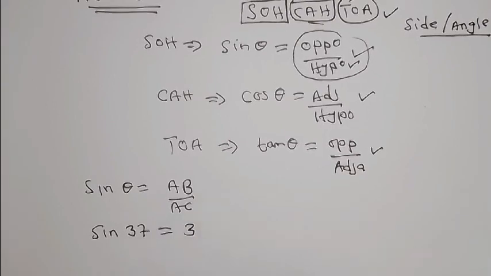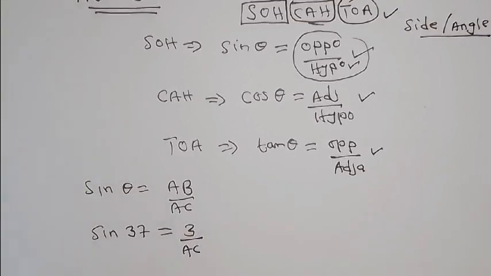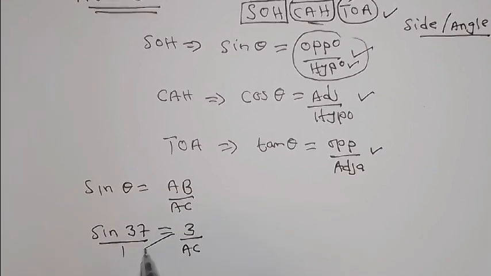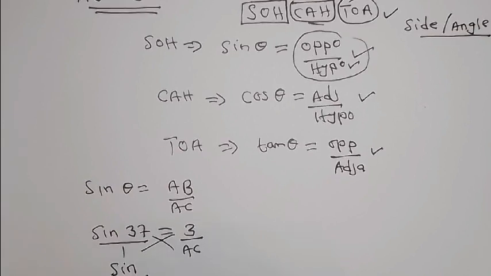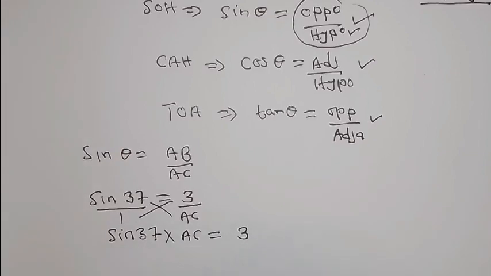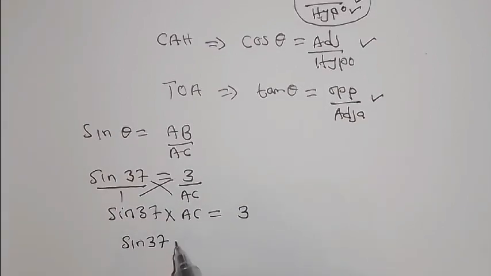You can ignore the units at this point, then over AC. What you need to do is cross multiply by making this one a fraction. So I'm going to say sine 37 multiplied by AC is equal to 3. So this becomes sine 37 AC equals 3.